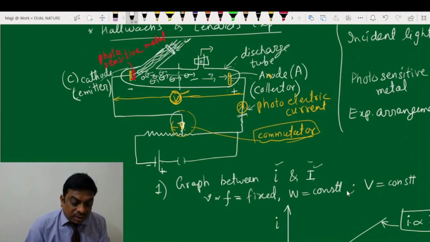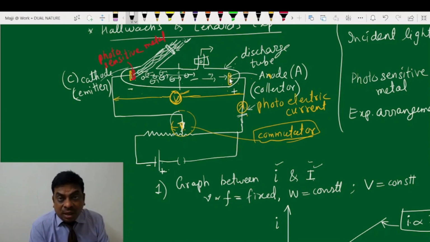Then, as you increase the positive anode voltage relative to the cathode, more and more electrons will be attracted, students. So naturally, the rate of flow of charge will increase, so current will increase, till a stage is achieved where almost all the photoelectrons ejected per second are being pulled away by the anode. Suppose, as an example, in 1 second, 1000 photoelectrons are being ejected.